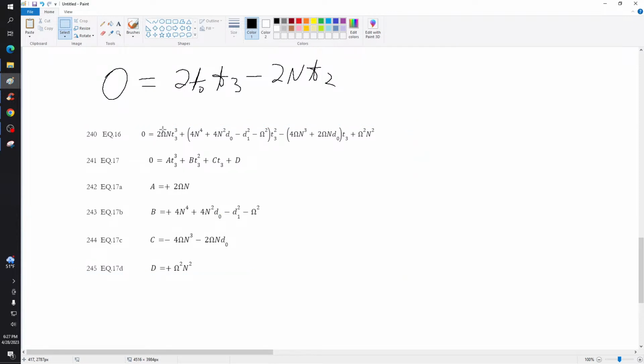Zero equals something t3 cubed, something t3 squared, something t3, whatever. That's just a cubic in the form a t3 cubed plus b t3 squared plus c t3 plus d. Omega is known and n is known. d null and d1 are known, so all the variables are known for a, b, c, d. So you go and solve for the real root of this cubic.